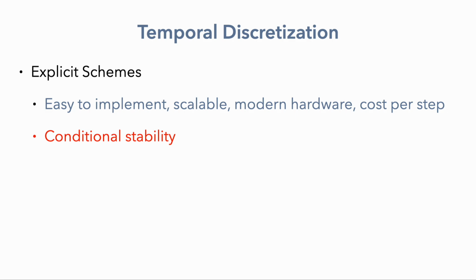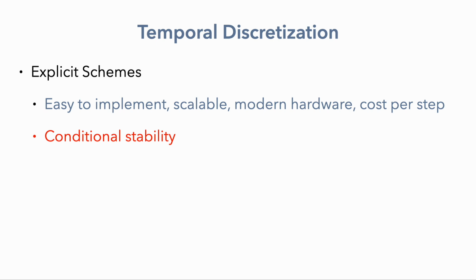They're suitable for modern hardware architectures because they require predominantly local compute. Essentially, most of the compute is done within each element. This makes them suitable for streaming hardware architectures like GPUs. And they also have a low cost per step. Basically, you just need to evaluate a few right-hand sides, and then you advance the solution in time.